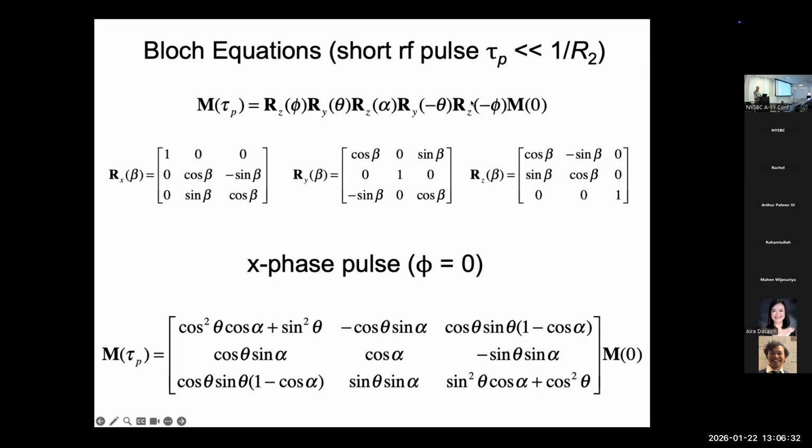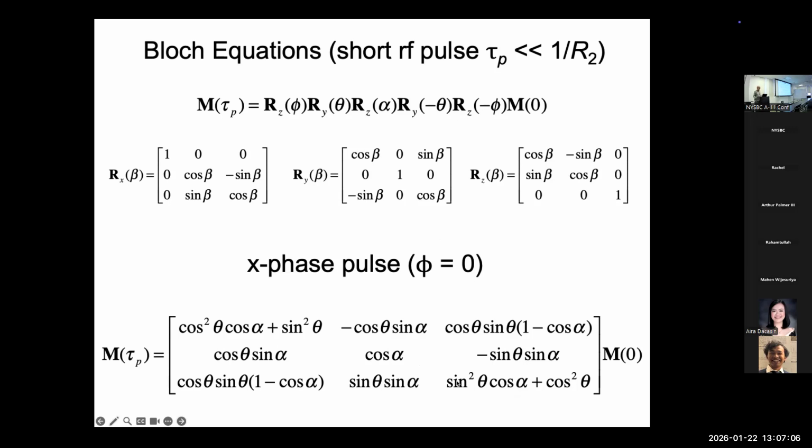Now, in the picture that I did, I did these rotations one at a time, but of course, these are the matrices for the rotations. So I could plug in and have Mathematica multiply all 3 or 5 of these together. And if I did that for a pulse of phase 0, so with phi equal to 0, just starting with the next pulse, this is the resulting matrix.